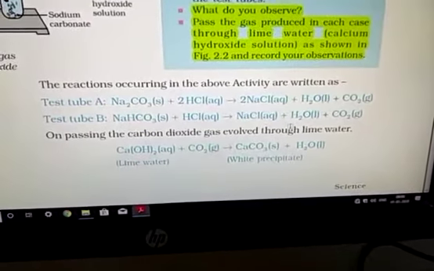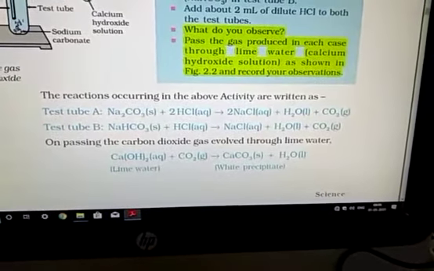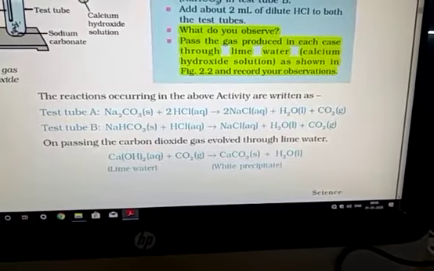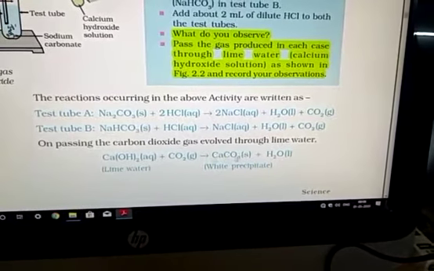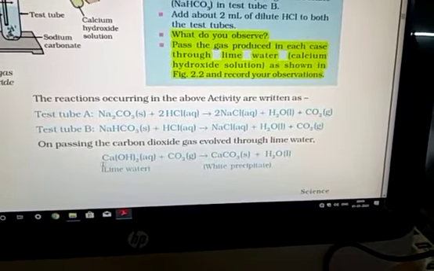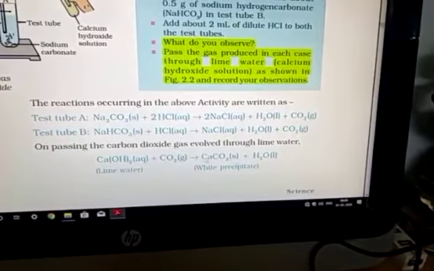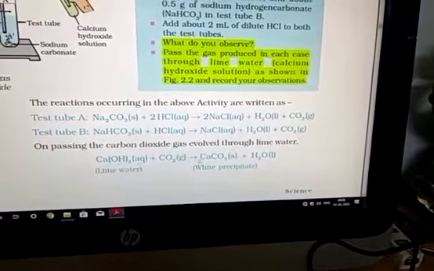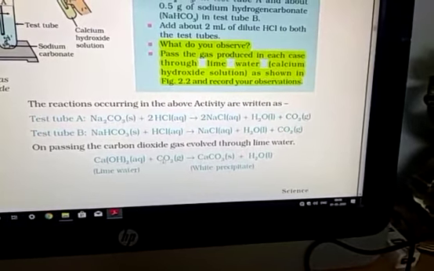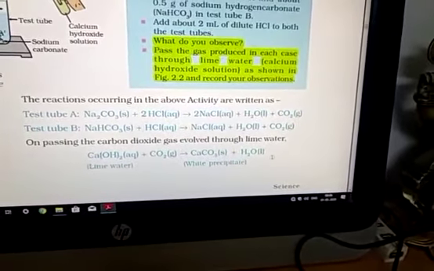On passing the carbon dioxide gas evolved through lime water, you get the equation: calcium hydroxide plus CO2 gives calcium carbonate plus water. On continuously passing this carbon dioxide gas through the calcium hydroxide solution, the milkiness disappears due to formation of calcium bicarbonate, and the reaction becomes CaCO3 plus CO2 plus H2O gives Ca(HCO3)2, that is a combination reaction.